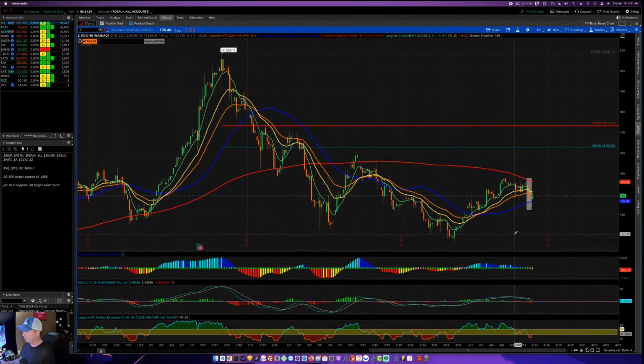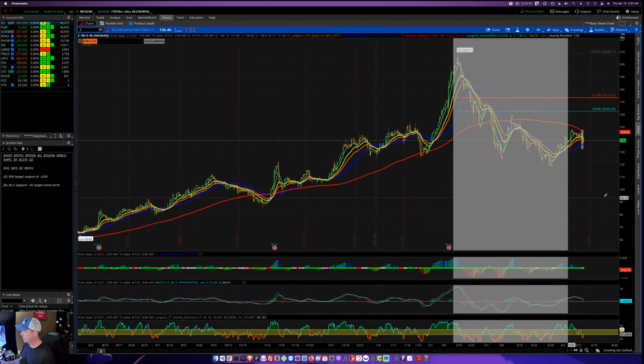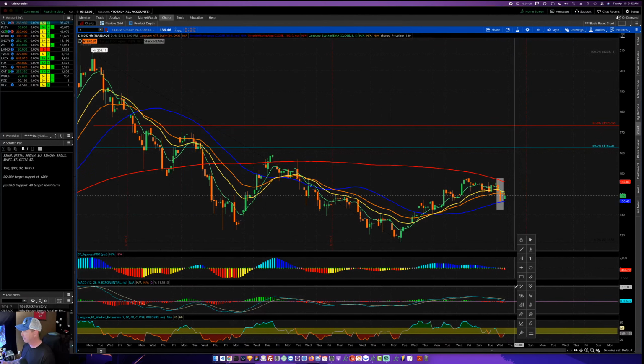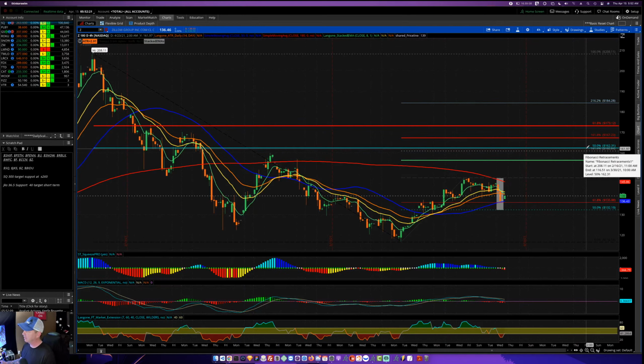Shorter term targets for Z. So the 141 extension lines up with the 50% retracement.